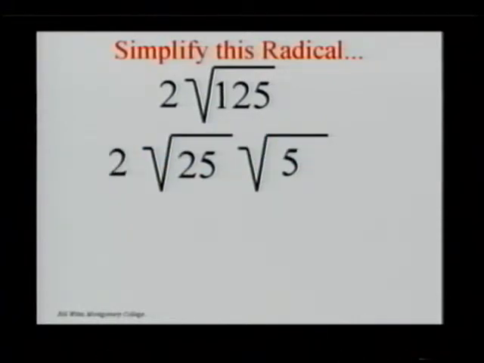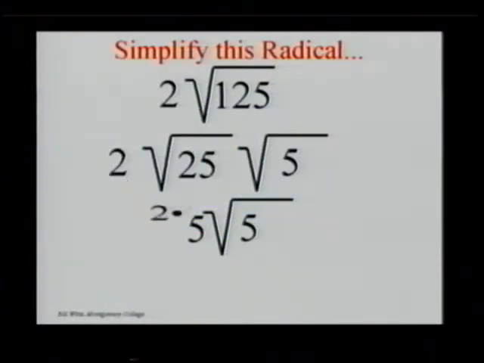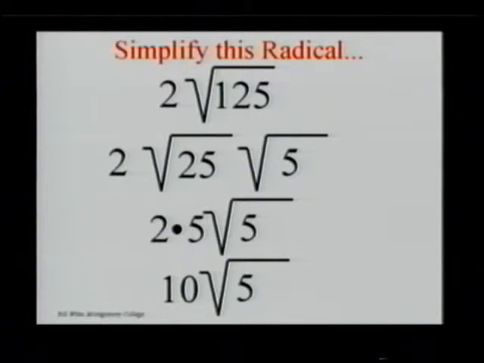The square root of 25 is 5, and I bring down my square root of 5. Don't forget the 2. And now, since 5 is now a number, 2 will talk to him, and they can get together and become a 10. So sometimes if you have a number out there, you might have to end up multiplying it at the end. But that's as hard as it would get.